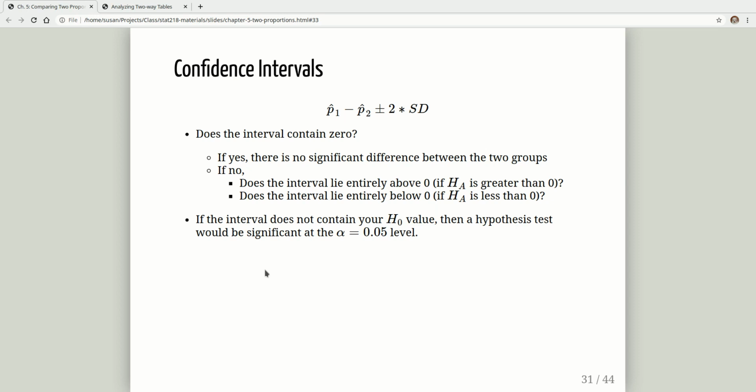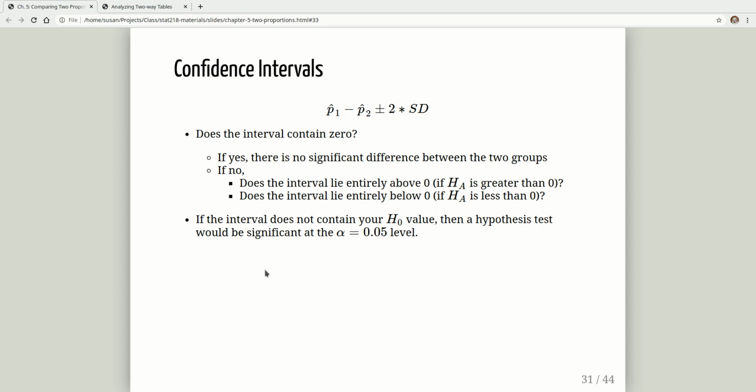Okay? So if the interval does not contain the null hypothesis value, whatever that is, usually in this case it's 0, then the hypothesis test would be significant at the alpha equals 0.05 level. Right? So on the test, if you're asked what you can say about the hypothesis test for this interval that you've constructed, you would say, if my interval contains 0, the hypothesis cannot be rejected.